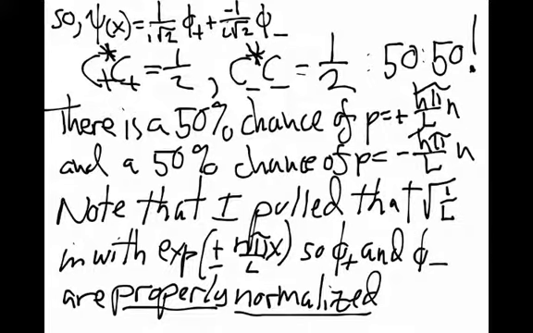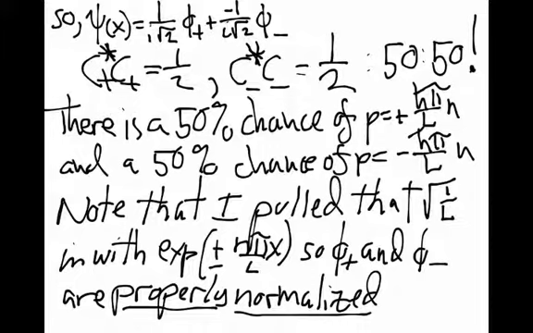It's really important, because by keeping the normalization carefully attached to my functions phi plus and phi minus, I get the right coefficients. If I hadn't done that exactly right, I wouldn't get the right probabilities because I would confuse the normalization part and the coefficient part.